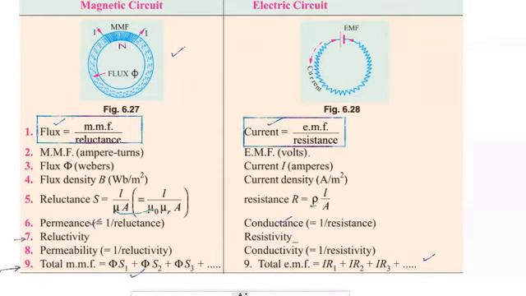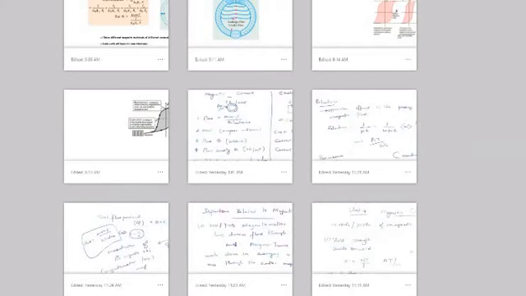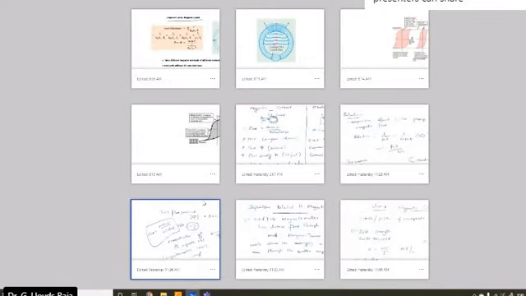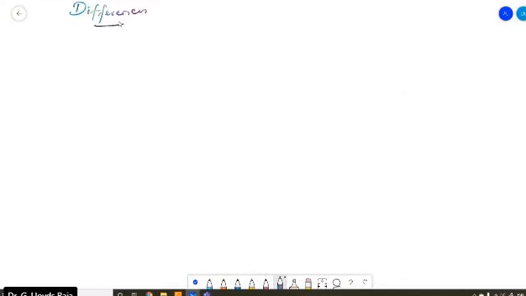But you should not think that the magnetic circuit works in the same way as an electrical circuit. There are some differences as well that we must be aware of. The thing you must note is that flux does not flow in the same sense that current flows.